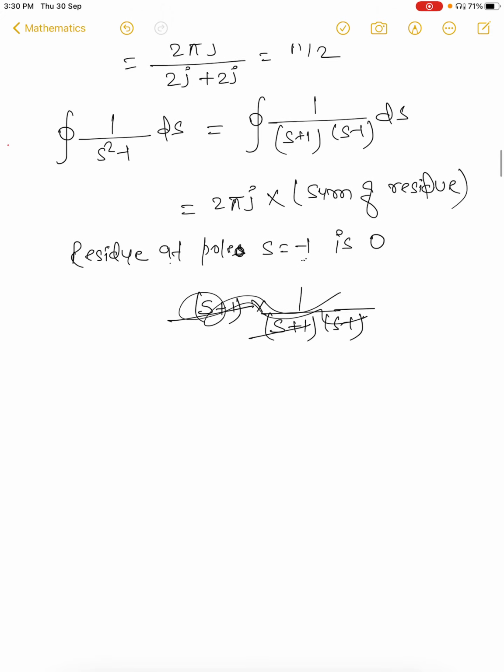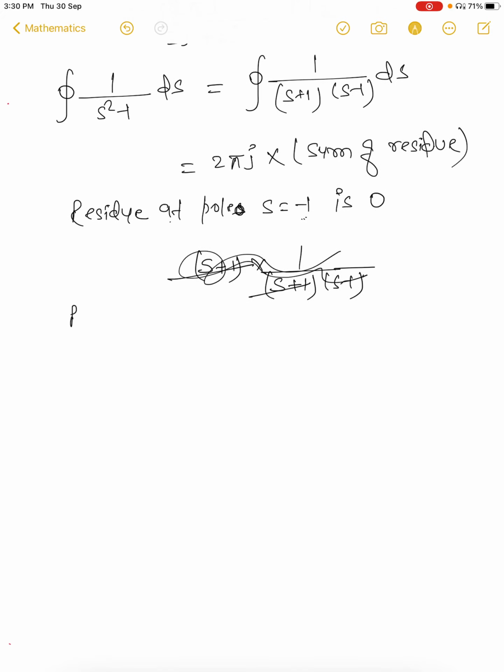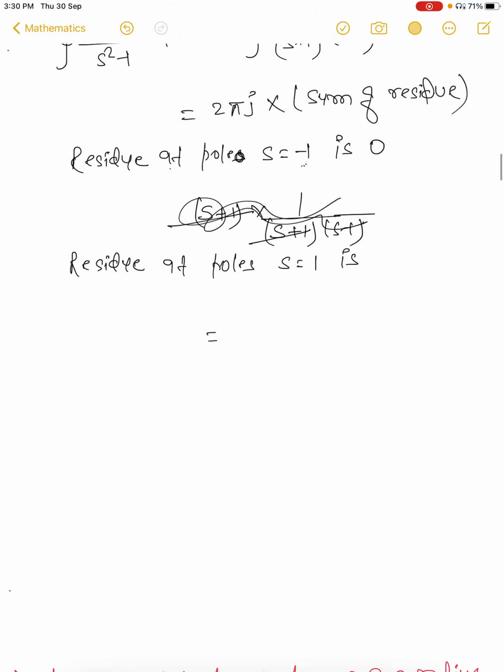Okay, and the residue at the pole s = 1: what will happen?